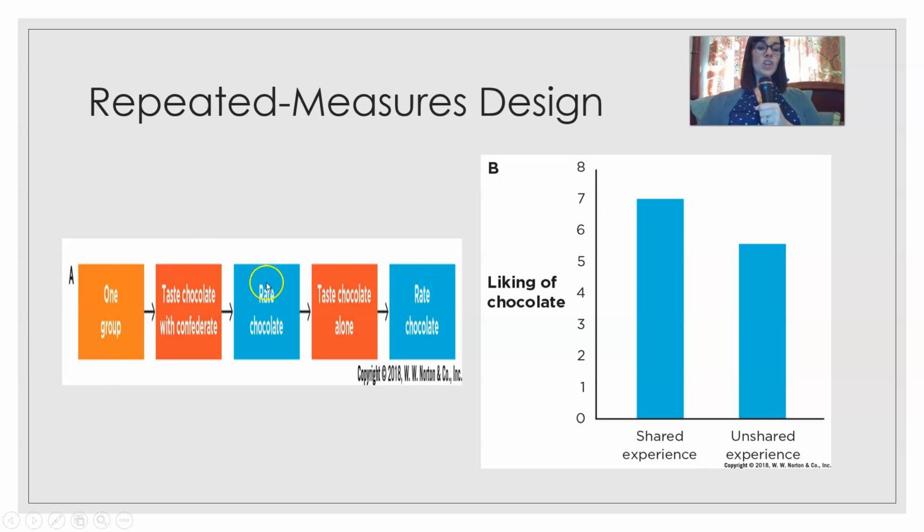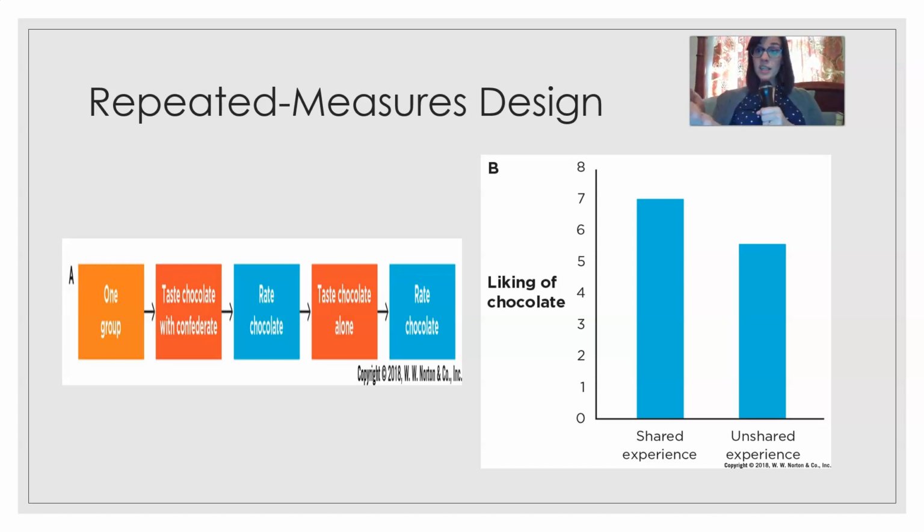You have to rate the chocolate, and then you try it alone while your confederate, that other person, is looking at a painting or listening to music. So the researchers expose you to all of those possible conditions. You're tasting chocolate with a confederate and rating it. Then you're trying the chocolate alone and rating it. So you're getting exposed to both conditions within the context of the same experiment.